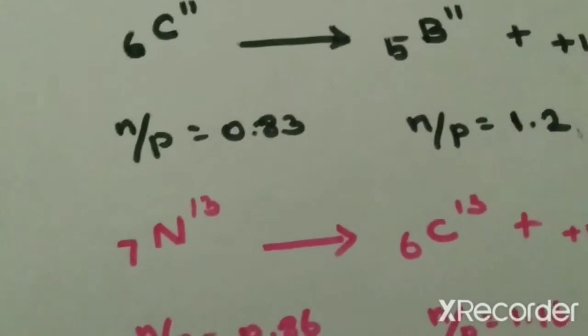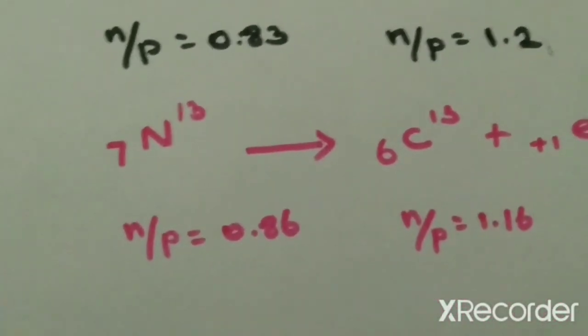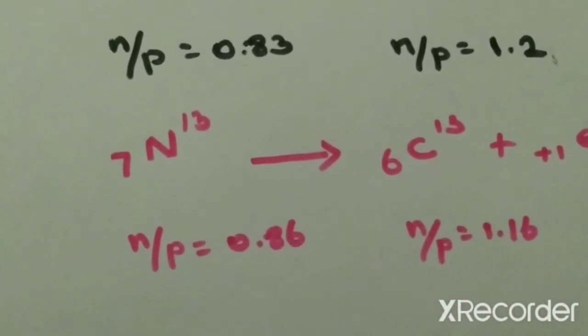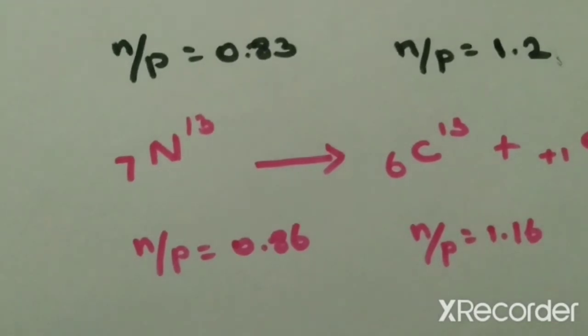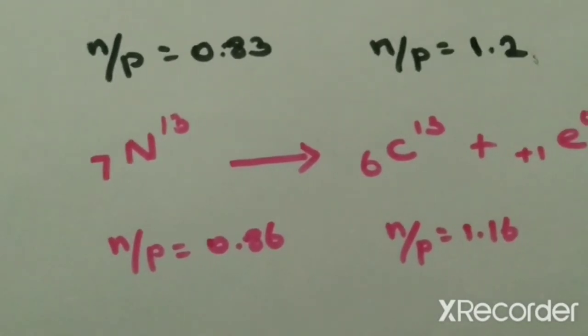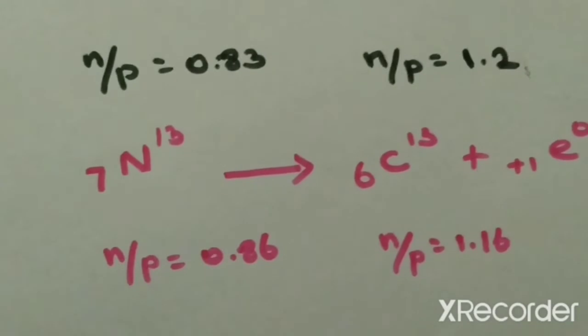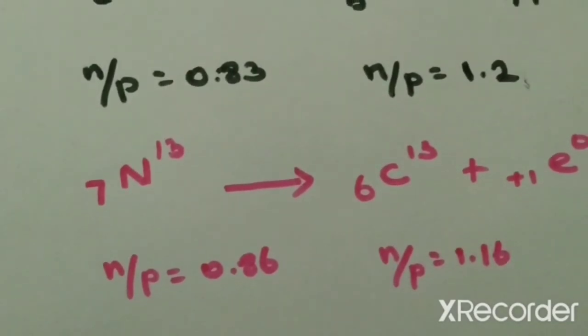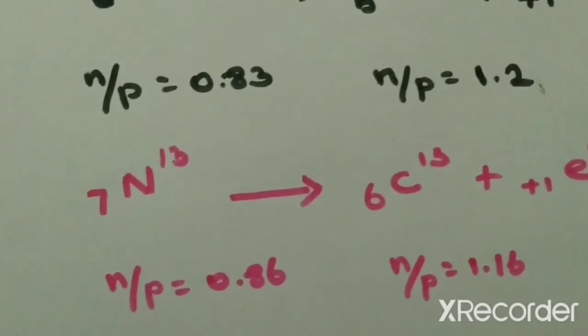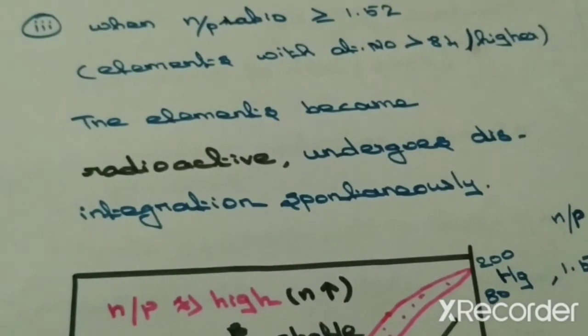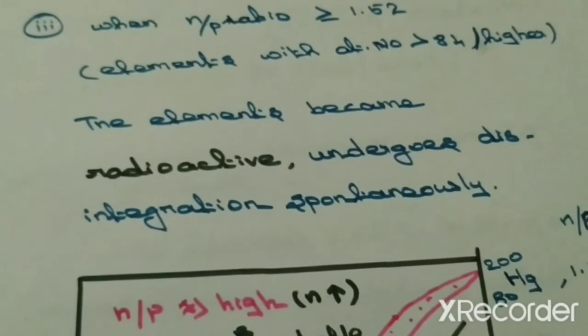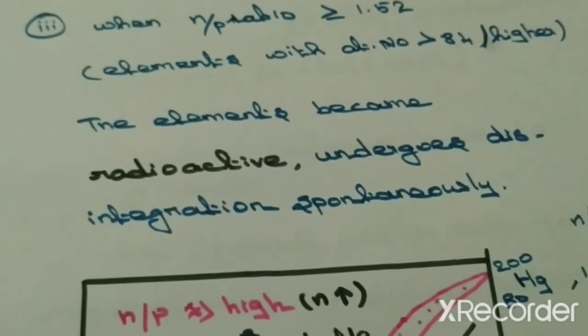In the second example, if you take nitrogen 13, the NP ratio is 0.86. It indicates that the nucleus is unstable, so it also emits one positron and becomes a stable carbon nucleus with NP ratio 1.16.